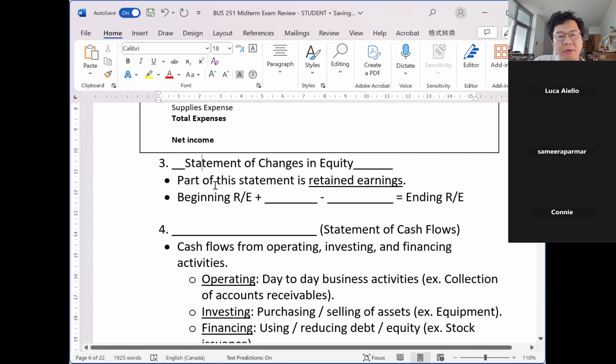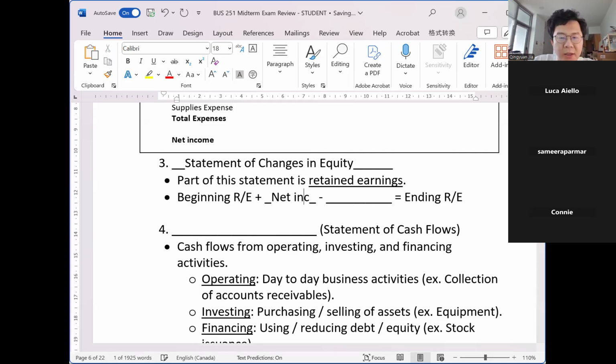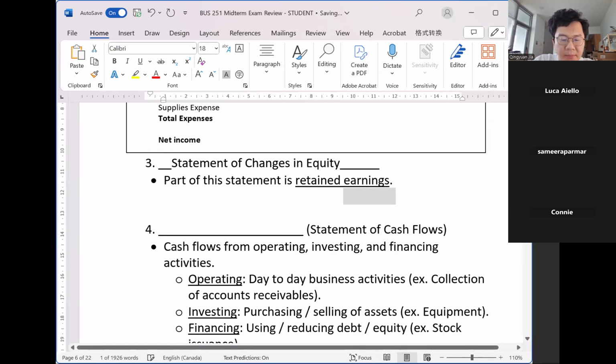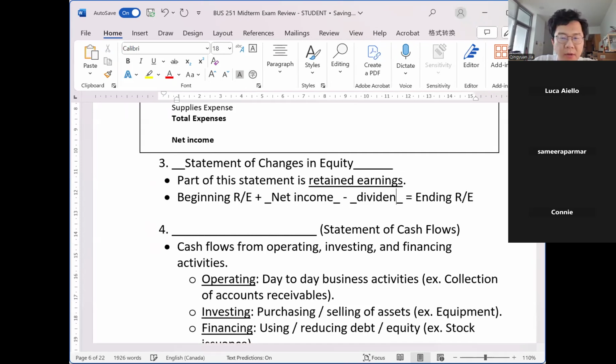And a part of this statement is the retained earnings. And when we do a balance sheet, we have to explain where the ending retained earnings come from, right? So we use the beginning retained earnings plus net income and subtract dividends.